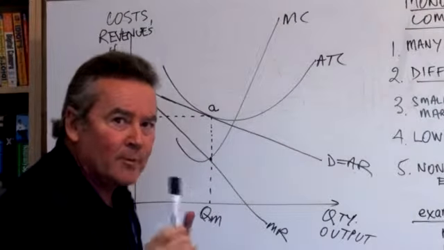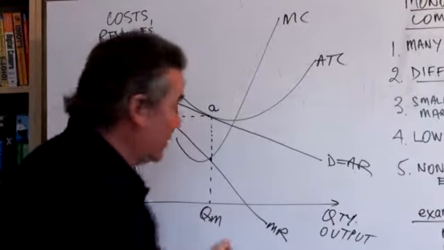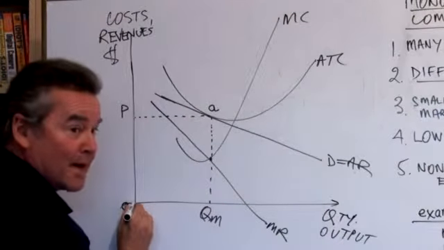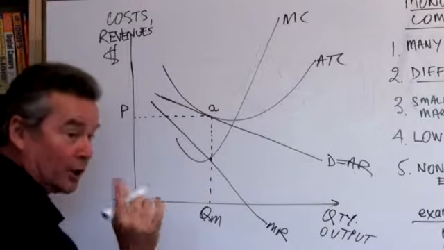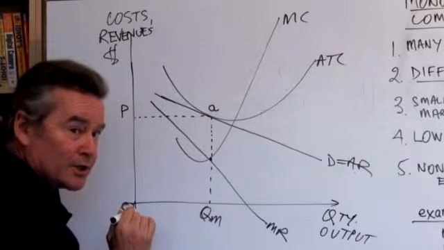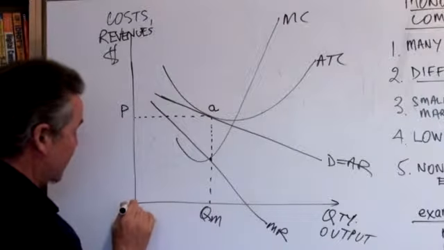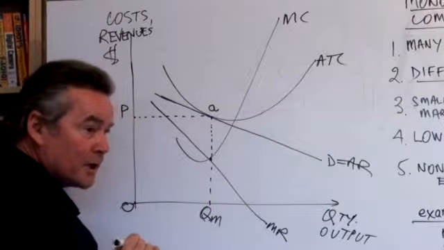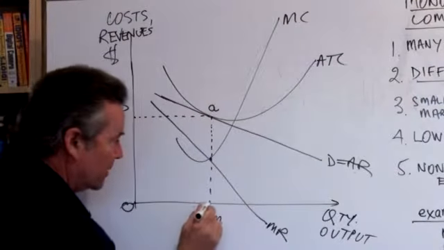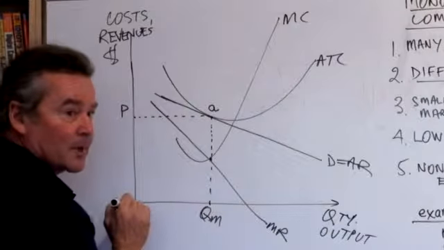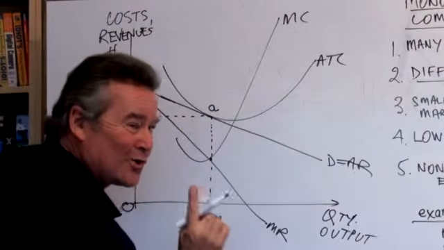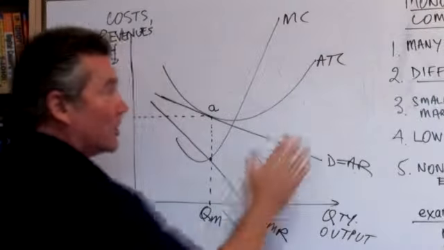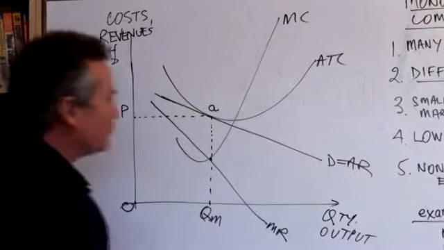They do have one thing in common with the purely competitive firms right here, namely that, as you can see here, they are making what we would call normal profits only. So that would be that TR minus TC is zero economic profit. So here's TR, 0PAQM, and of course TC is 0QMAP. Normal profits only, in the long run. In the long run. Although, as we saw, short run profits are possible with successful differentiation.